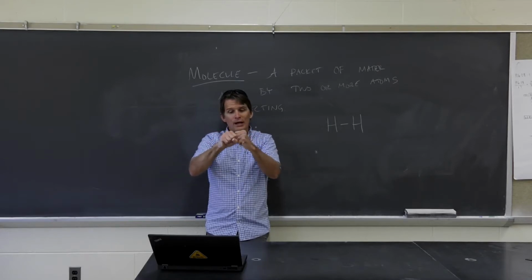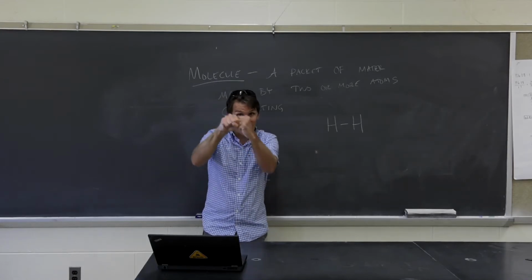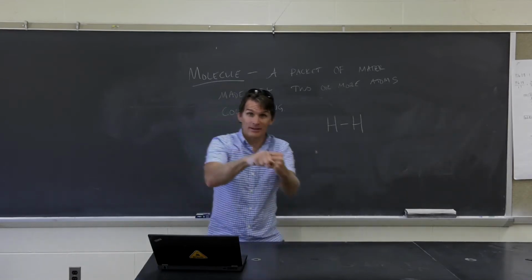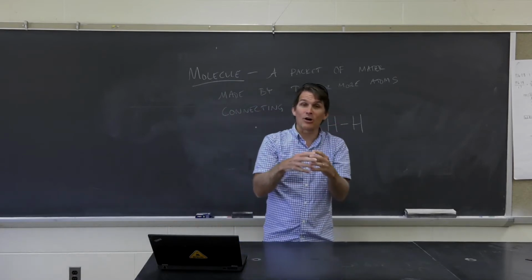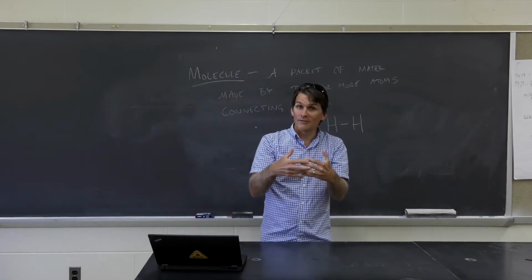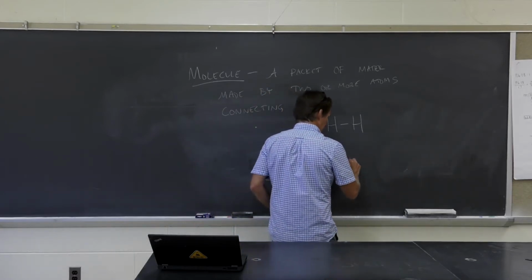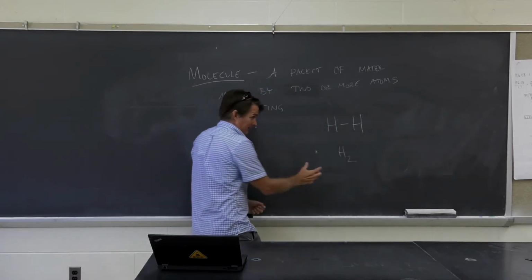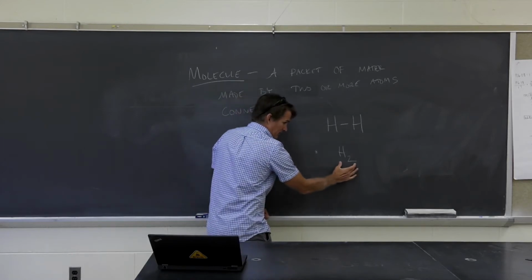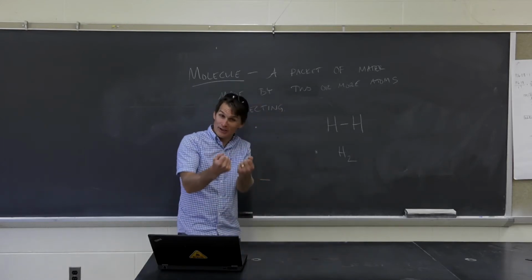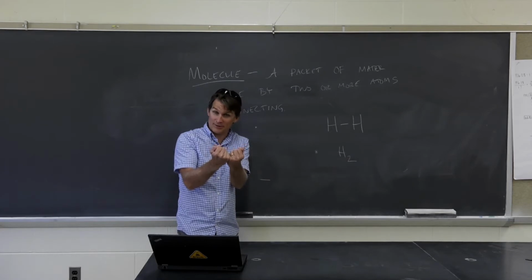Those two atoms that have combined travel around together in a single packet that we call a molecule of hydrogen. We sometimes abbreviate it by H2, and when I see that, it refers to a molecule that's made of two individual hydrogen atoms that stick together in a packet.